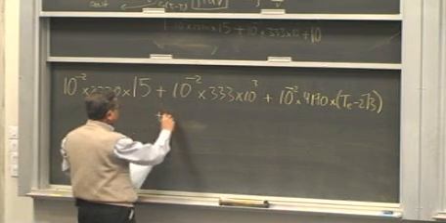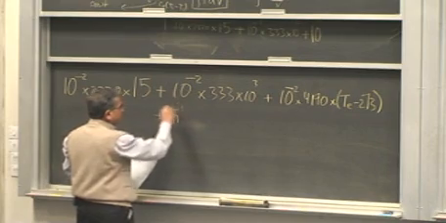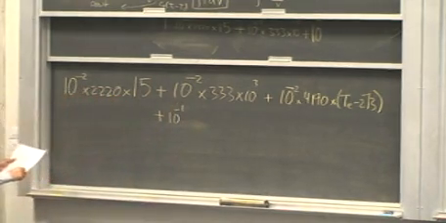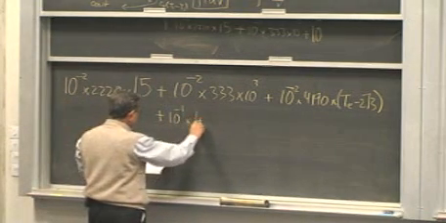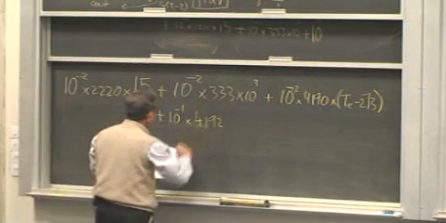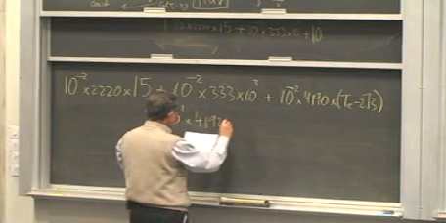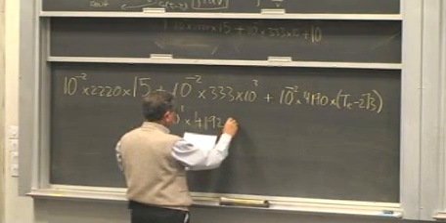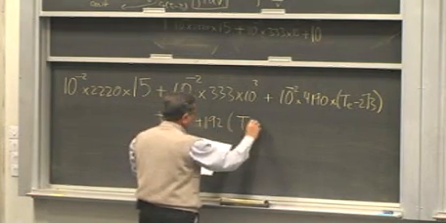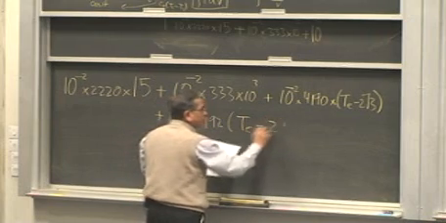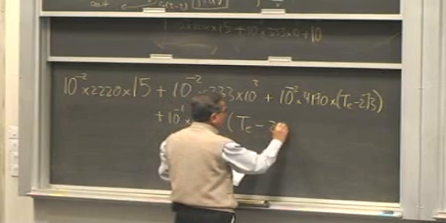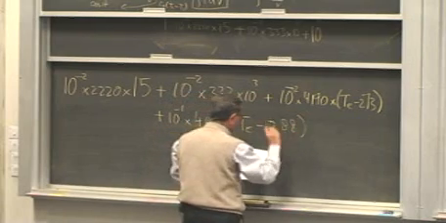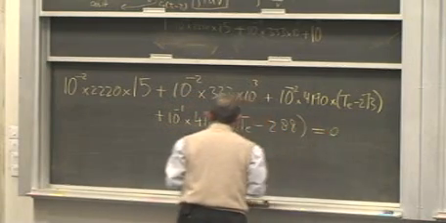All right. 10 to the power minus 1 kilogram multiplied by water's heat capacity, this is 4190, and then multiplied by TE minus 15 degrees, which in Kelvin is 288, and all of that should be equal to 0.